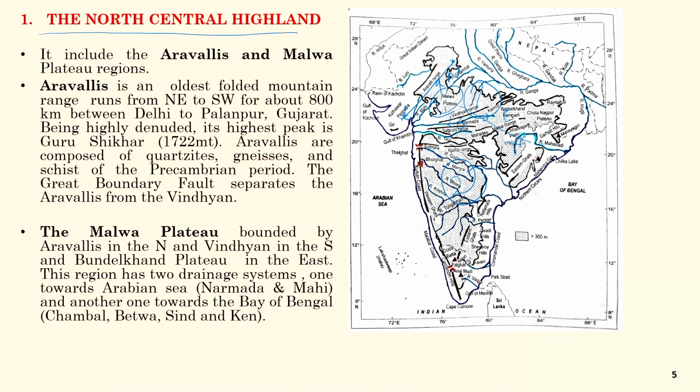This region has 2 drainage systems: one towards the Arabian Sea, the Narmada and Mahi rivers, and another towards the Bay of Bengal, joining the Yamuna river and ultimately reaching the Bay of Bengal, that is Chambal, Betwa, Ken, Son, etc.